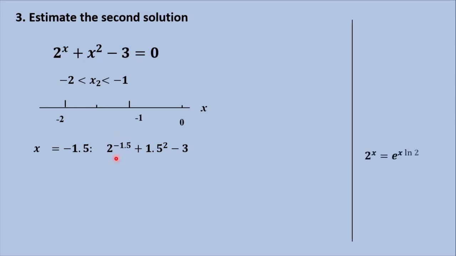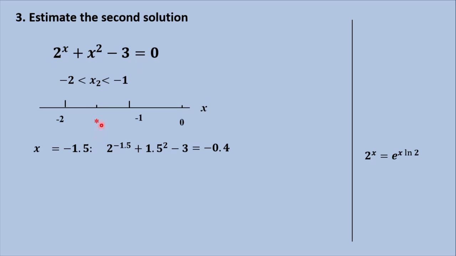If your calculator doesn't have function x to power y, you can use this presentation for this exponential function. So we calculate and we have negative 0.4. So the left hand side is negative, somewhere here.